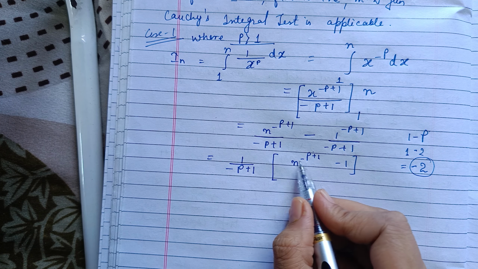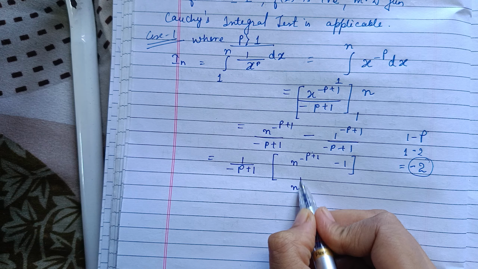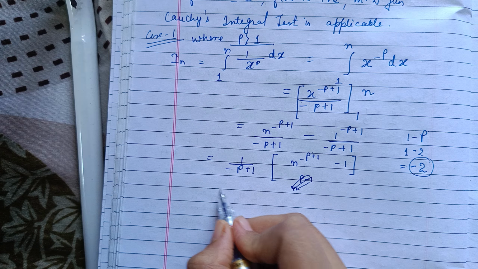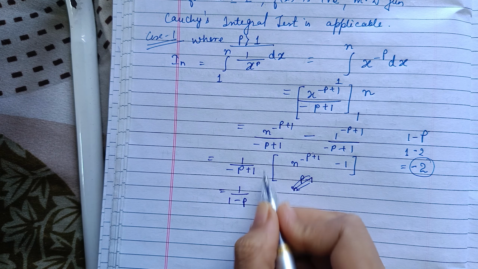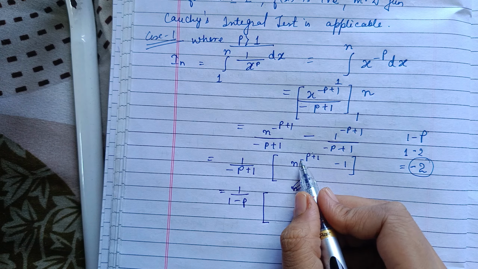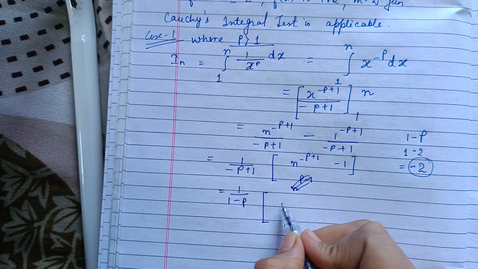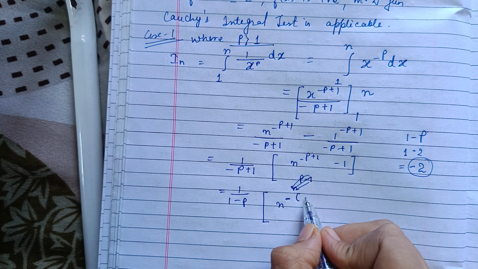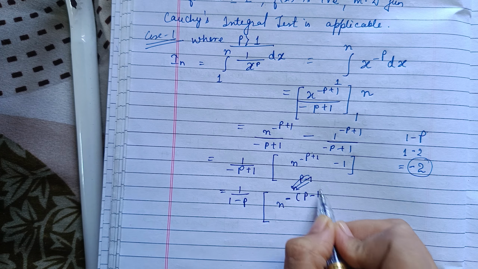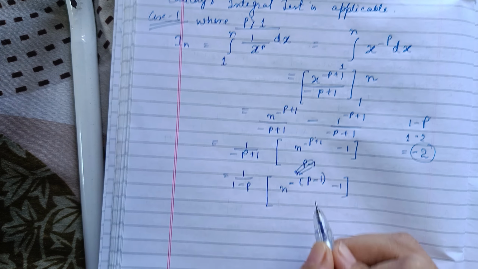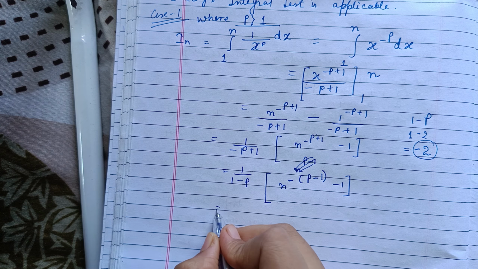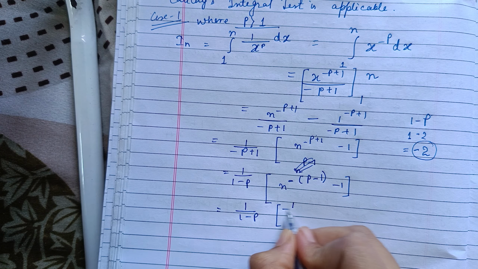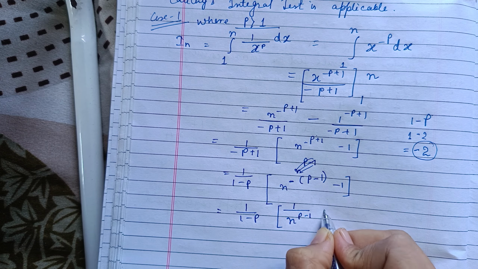So I may write this as p minus 1. How? Suppose 1 by 1 minus p is common. Now if I take minus common from this side, I will be left with minus minus becoming plus, and minus 1. Are you agreeing with this step? Now, this will result as 1 upon n to the power p minus 1, minus 1.